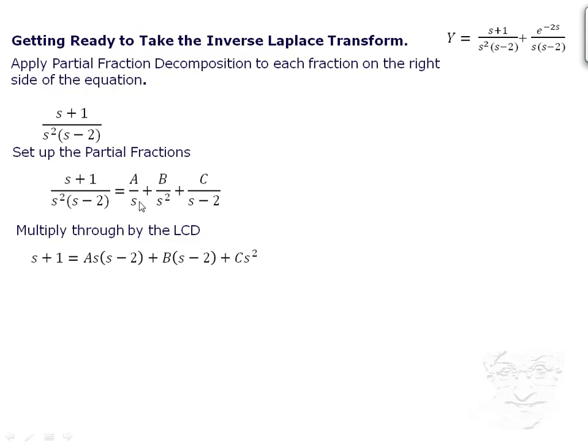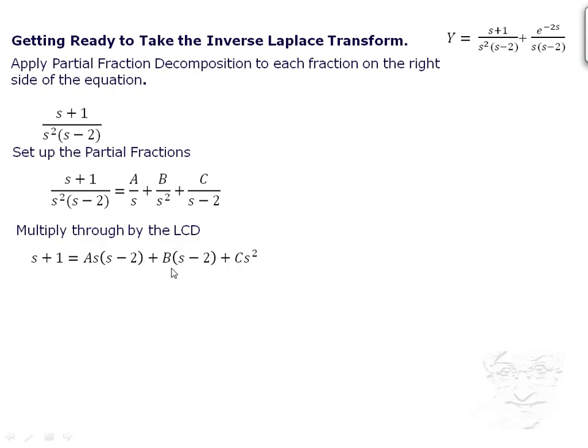On the right side, on the first term, the s will cancel, and you'll get a times s minus 2. For the second term, the s squared will cancel, and you'll get b times s minus 2. And on the third term, the s minus 2 cancels, and you get c s squared.